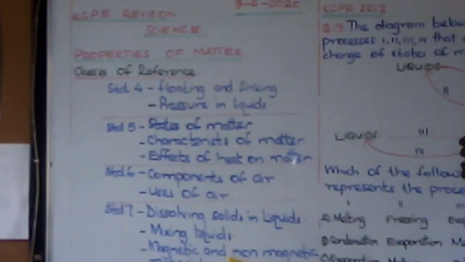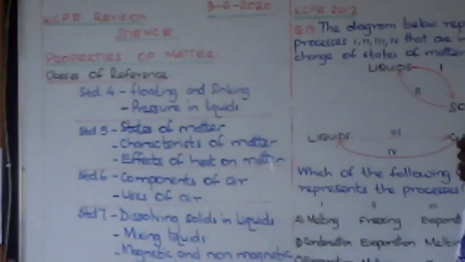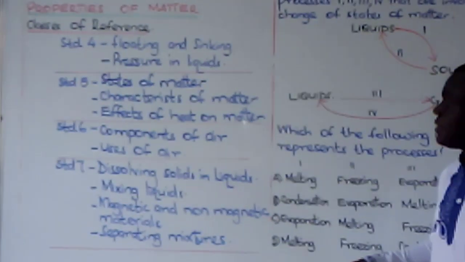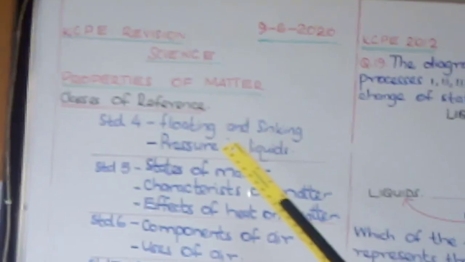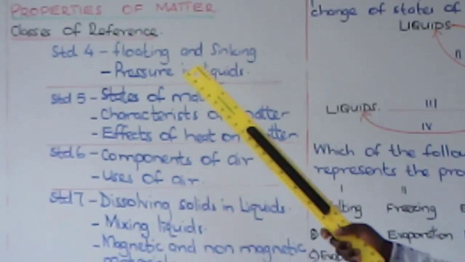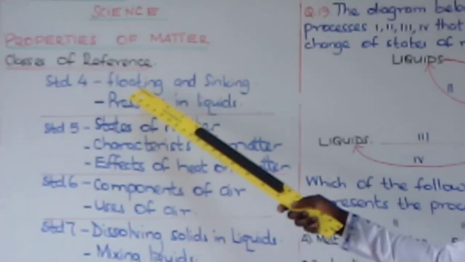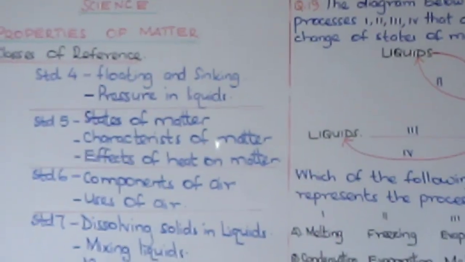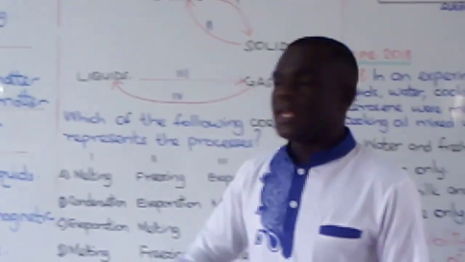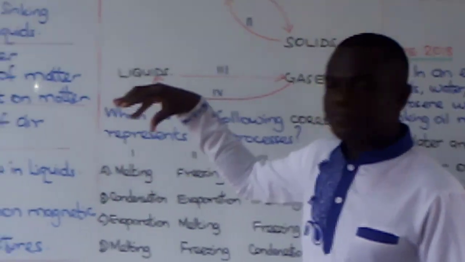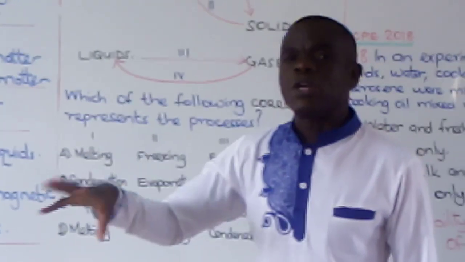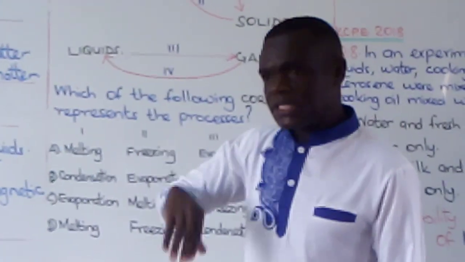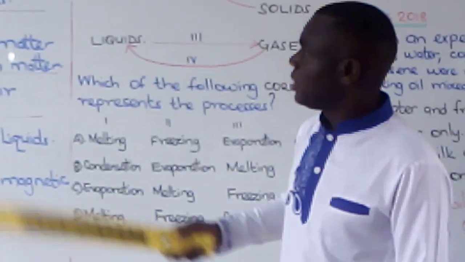I've managed to collect this information from the syllabus, and that in class 4, now grade 4, we learned about floating and sinking. Remember when you collected materials and began to put them in water and saw which one was sinking and which one was floating?